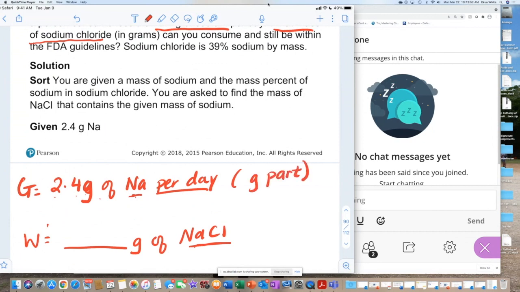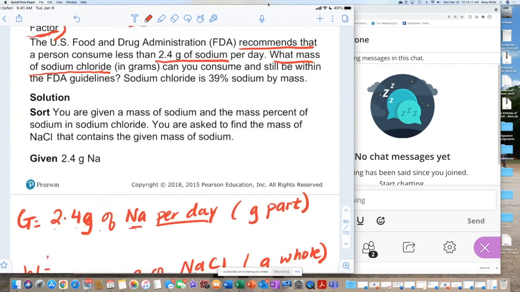You see how I'm beginning to piece it and match it to what I just learned? And then they want me to get the grams of sodium chloride. Sodium chloride is the whole compound, but sodium is only part of the whole compound. So they want me to get grams of the whole. Okay, so what I'm seeing here is they gave me grams of the part. They want me to get grams of the whole in the context of this application problem.